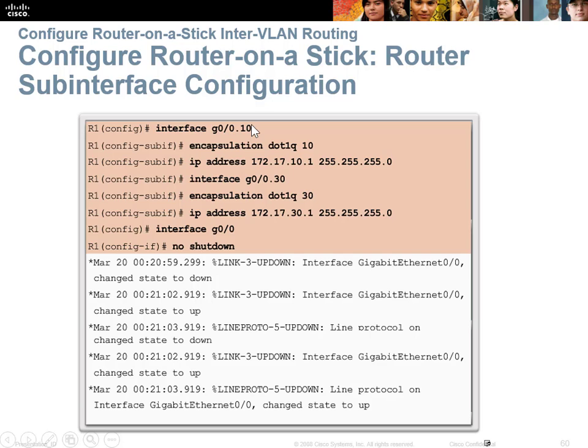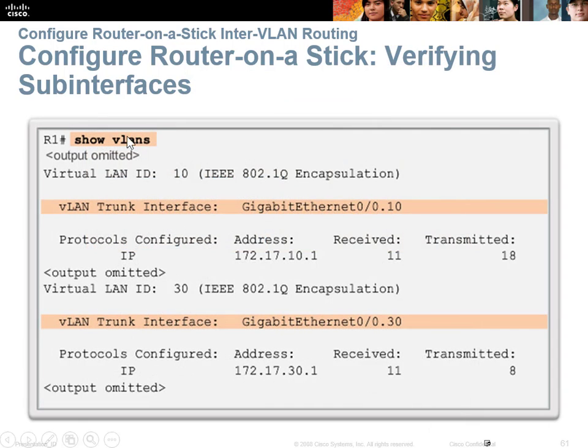This is your sub-interface within the existing 0/0 interface. You're going to do an encapsulation, address, port, encapsulation, address. And then if you show VLAN, you'll see that it is trunked, and it will tell you that this one port will accommodate 10, this one port will accommodate 30.